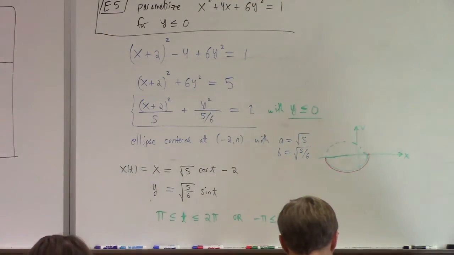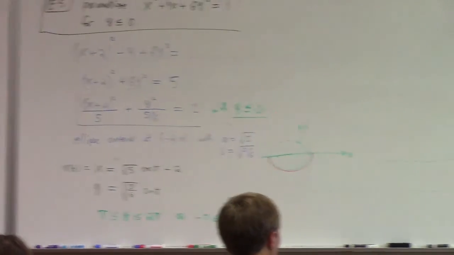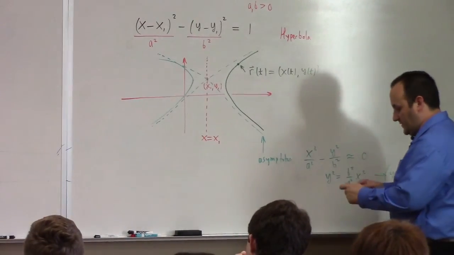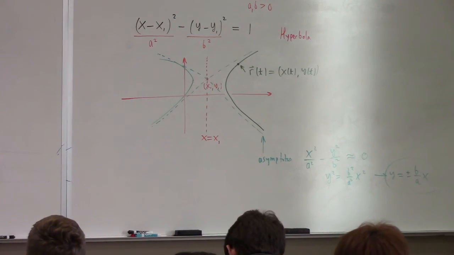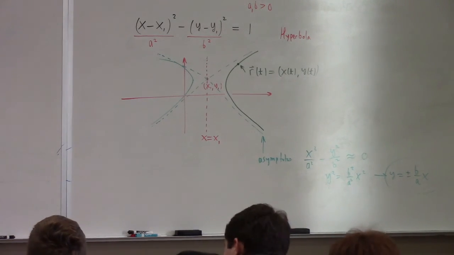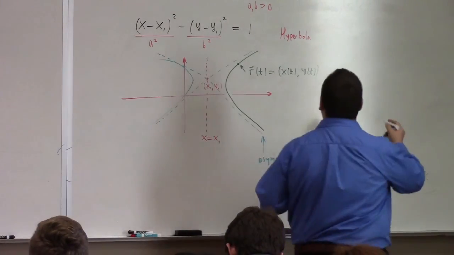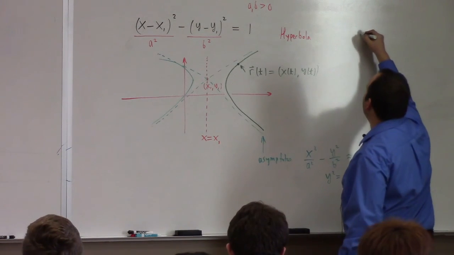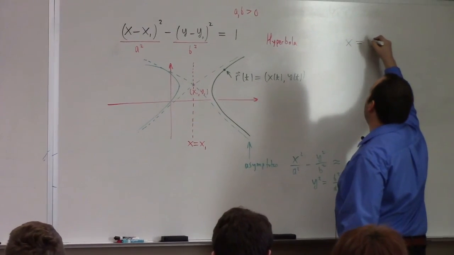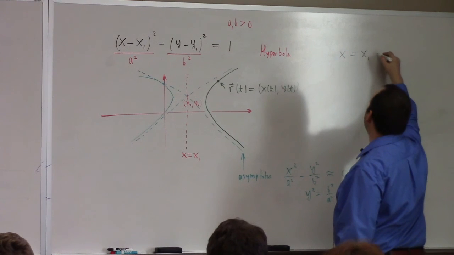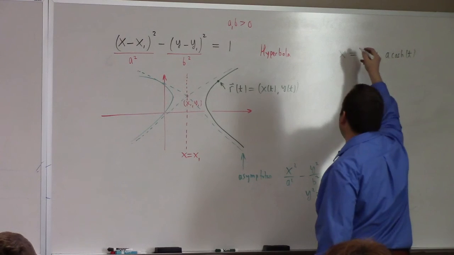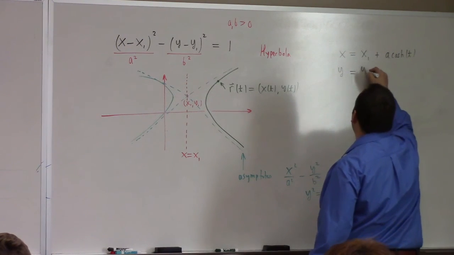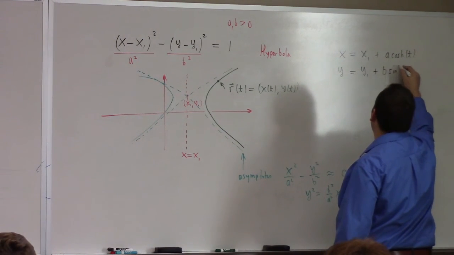But anyway, how do you find the parametric formulas here? Well, let me tell you what they are. Oh man, time flies when you're having fun. So x is equal to x1 plus, you guessed it, a cosh t. The hyperbolic cosine, yes. And then y is equal to y1 plus b sinh t.